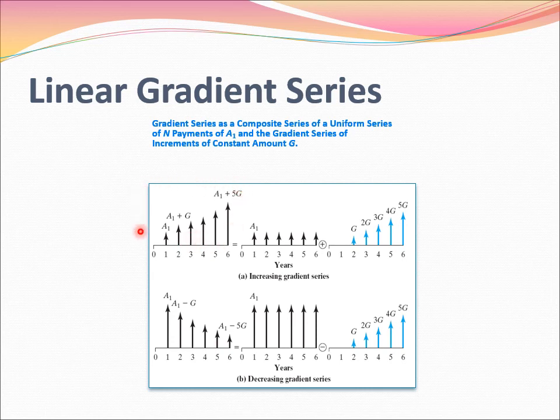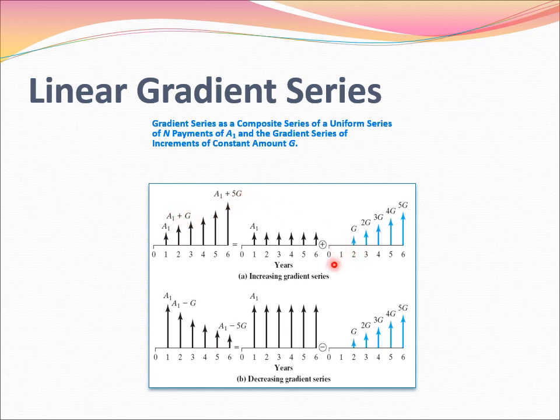And it's easy. For this case, we divide it into two different cash flows. The first one is a uniform payment series considering this A1 amount, and if you look, in all these cash flows, we have an A1 amount, okay? And it's a uniform payment series. And we say that this plus the remaining part in this is the amount of increase.